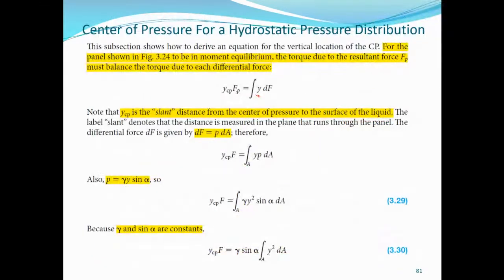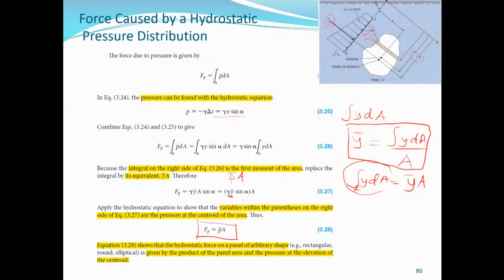That is, YCP times the resultant pressure force is equal to the integral of the individual small pressure forces dF times the distance of that small element to the point of reference. So the moment at O is Fp times the distance YCP.